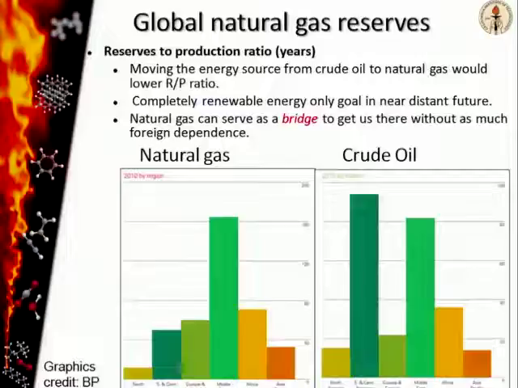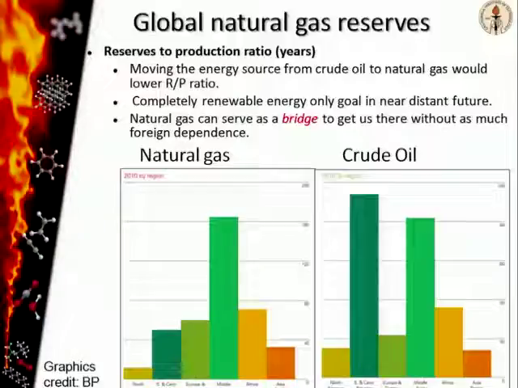You can also look at the reserves in terms of a ratio of reserves to production, which essentially works out to the number of years that you can expect the resource to last if you're consuming it at a certain rate today. This figure shows the reserves to production in years for natural gas, and this one shows the same numbers for crude oil, for different locations.